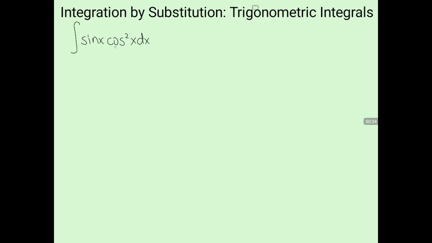Let's first see if we can pick which function to set to be u. If we have cosine to the power of something, then we can just set u equal to cosine x. Then our du is negative sine x dx.